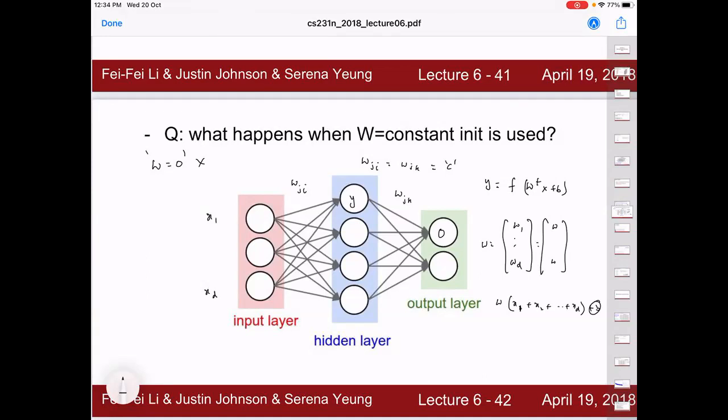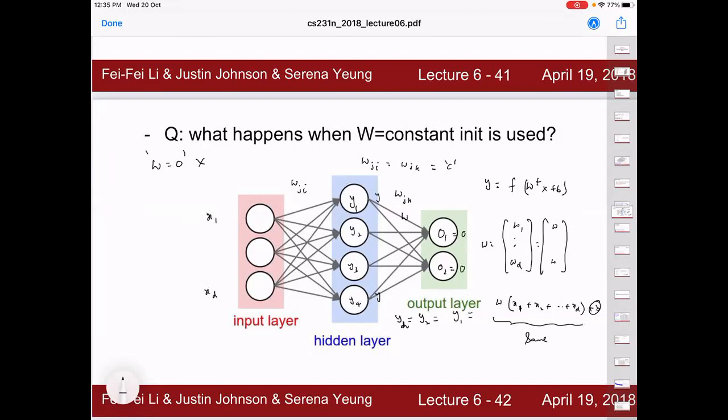So for each of the neurons y1, y2, y3, y4, this term is the same. So y1 is equal to y2 is equal to y3 and so on up to yh. All hidden neurons will have the same output, and the outputs o1, o2 are also the same.